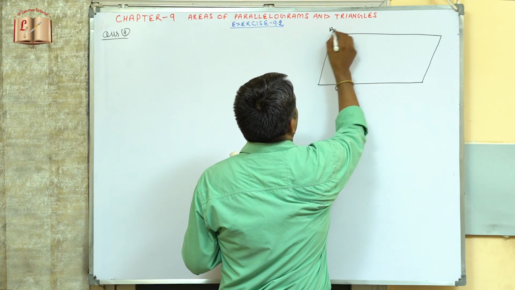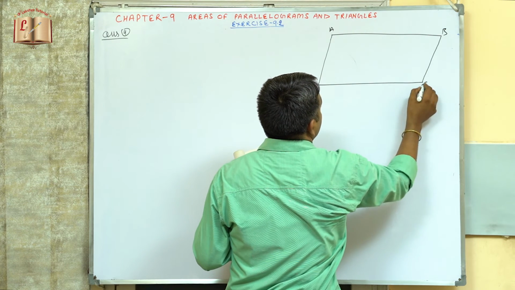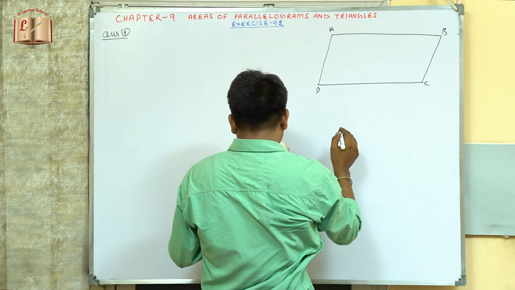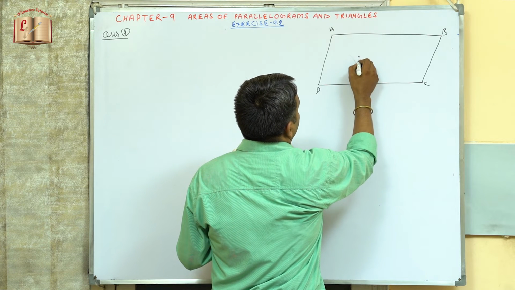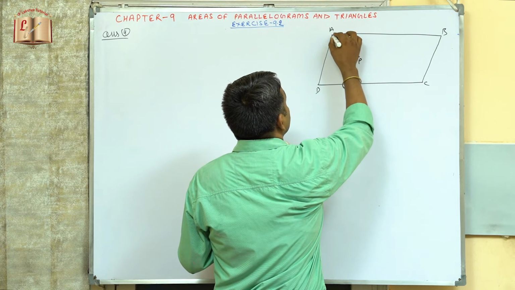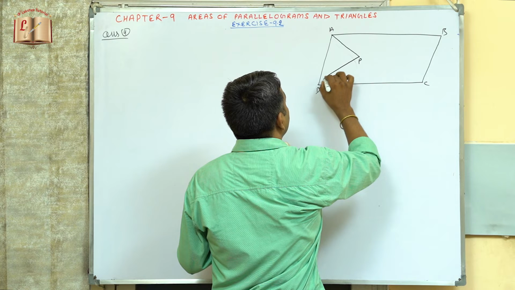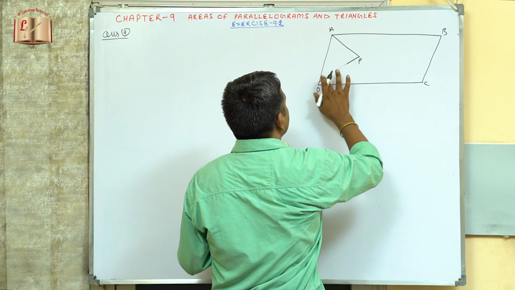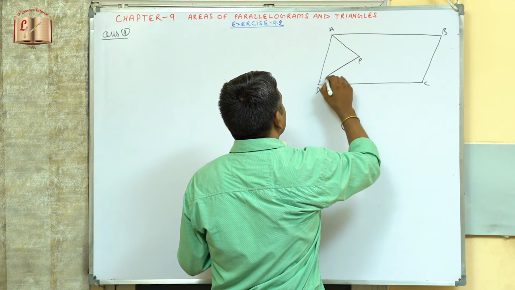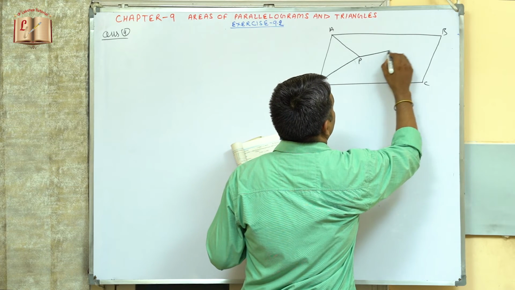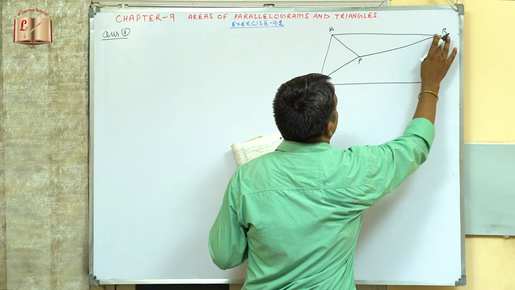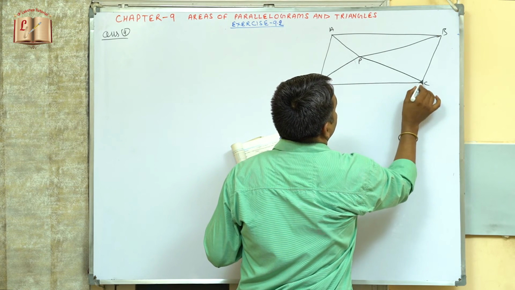So this is now A, B, C and D, and this point is P in the interior of this. So this is APD, this is joined to this B and to the P.